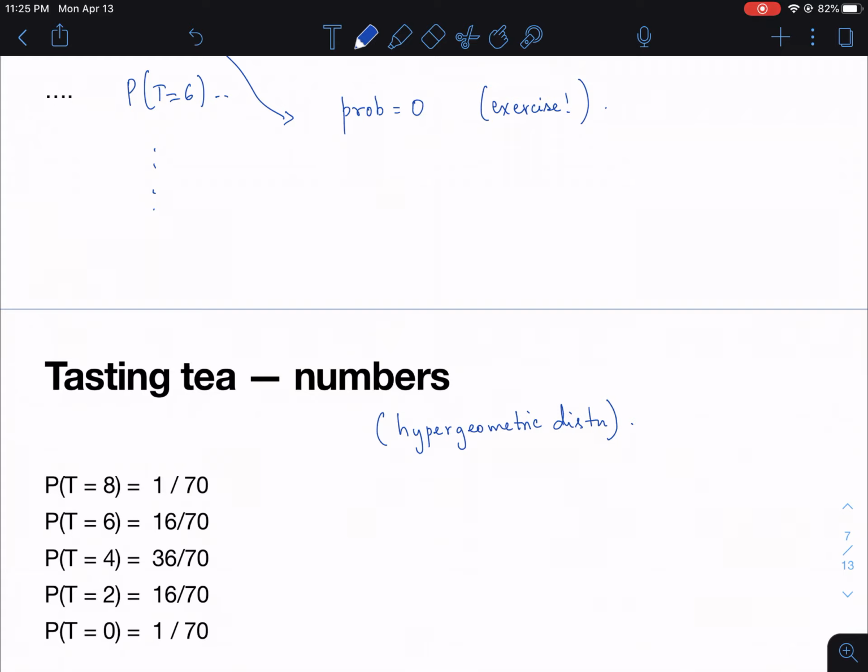The probability that T equals 8 is something like 1 by 70, which is about 0.0143. So this is a little bit more than 0.01.